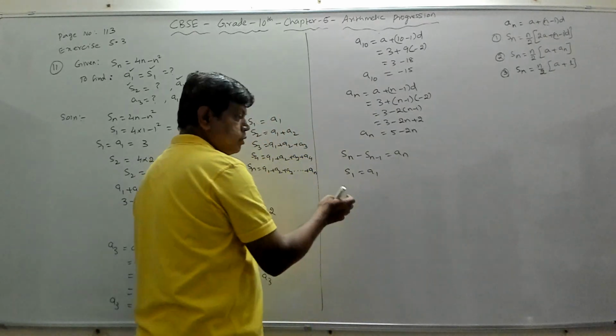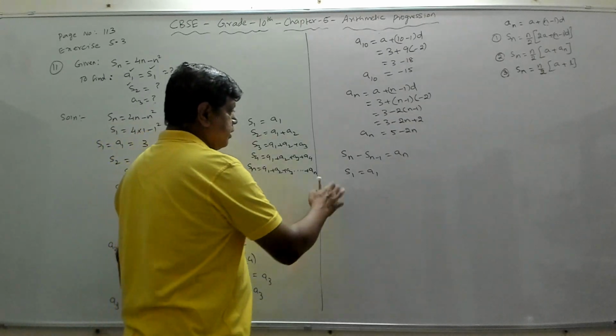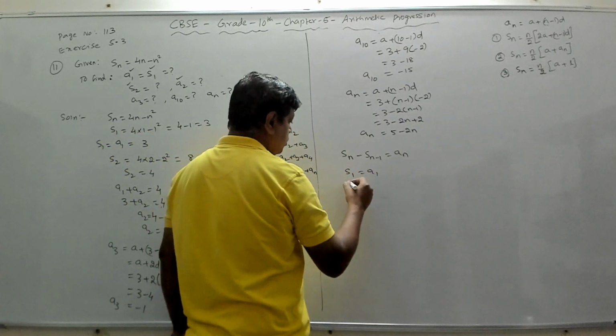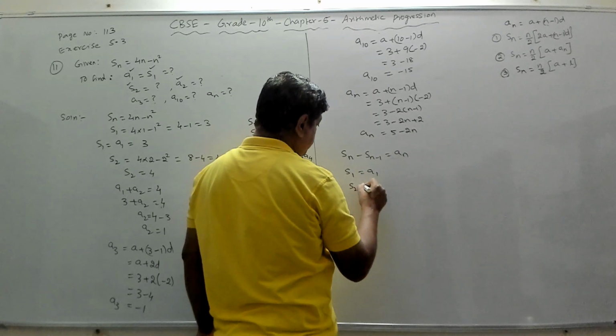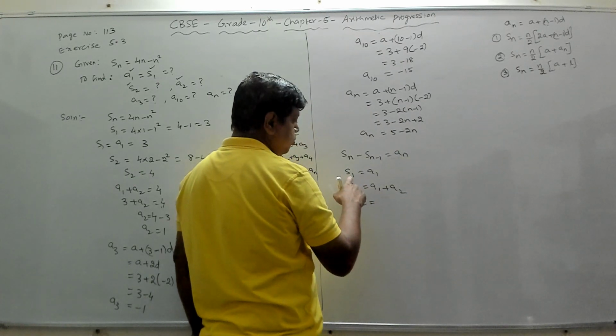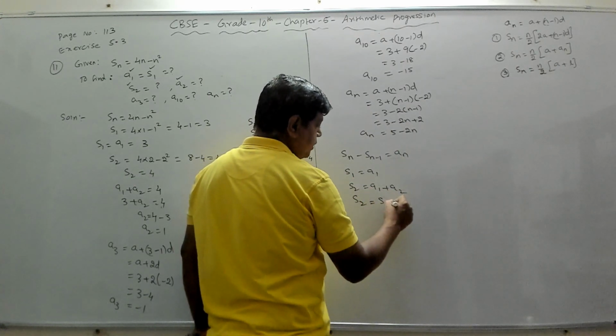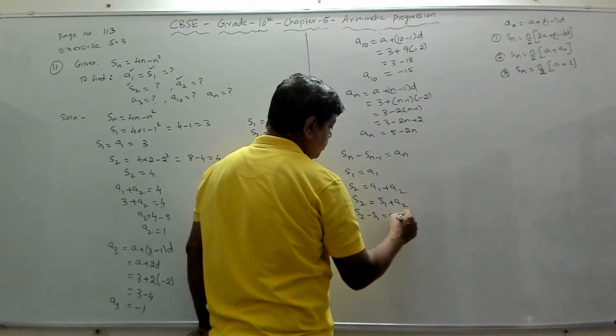I had explained this when I started the section on the sum of n terms, and the same concept in the previous video also. I'm just quickly doing a recap. So S2 is A1 plus A2. Your A1 is S1, so I can put S1 plus A2. So S2 minus S1 is A2.